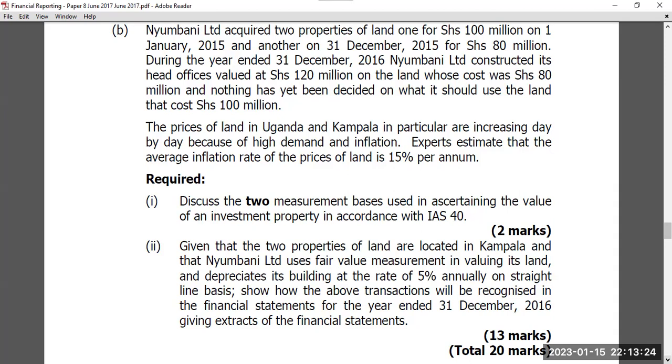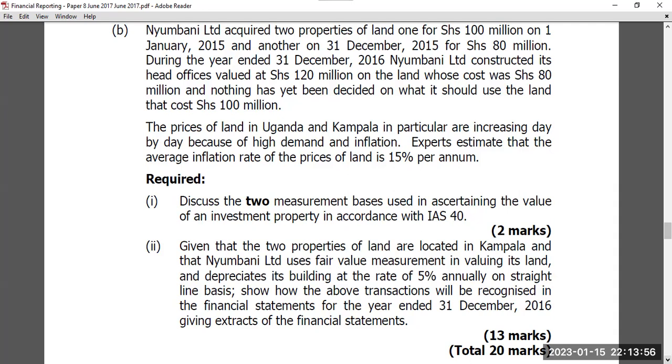They're saying that during the year ended 31st December 2016, Nyumbani Limited constructed its head offices valued at 120 million on the land whose cost was 80 million, and nothing has yet been decided on what to use the land that cost shillings 100 million for.